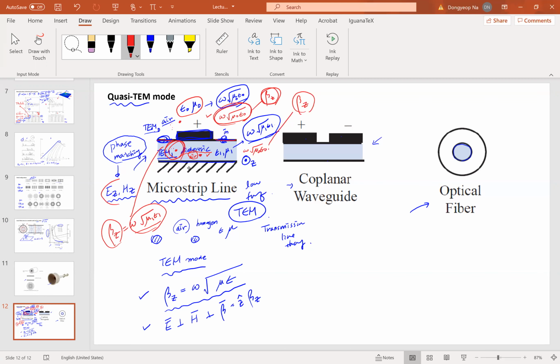And that is kind of the appearance of the longitudinal component, but to have the closed form of this longitudinal component and all the exact solution of this microstrip line is very complicated. We need to use some numerical method to find the exact solution, but it's just a kind of proof why TEM mode cannot be supported in this microstrip, due to the phase mismatching.